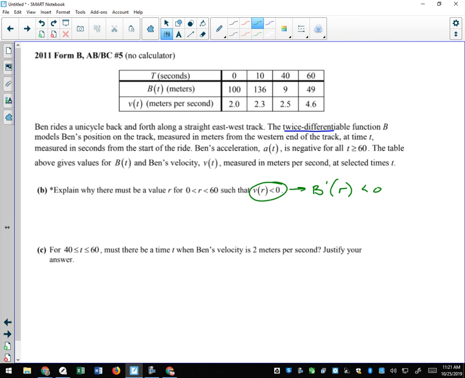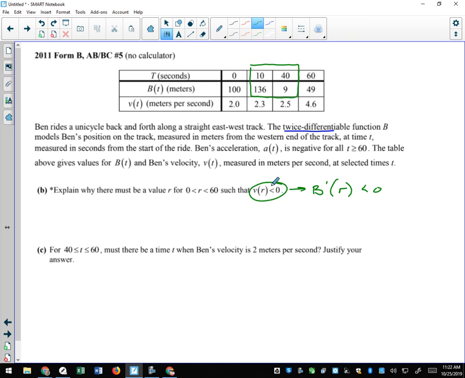Yeah, where? Yeah, from 10 to 40, my overall change, I'm going from 136 to 9. I've got to decrease. That is an overall decreasing function. So somewhere on that interval, I would have to have a negative velocity.